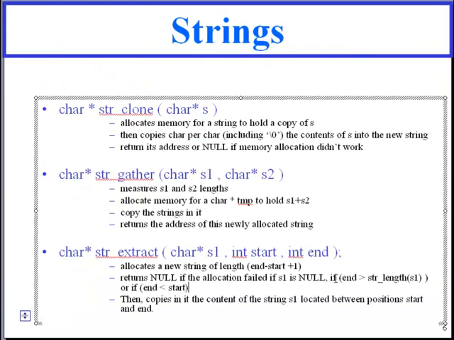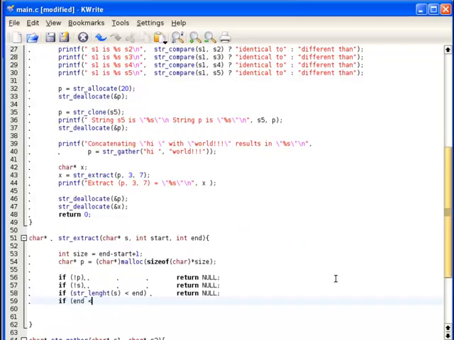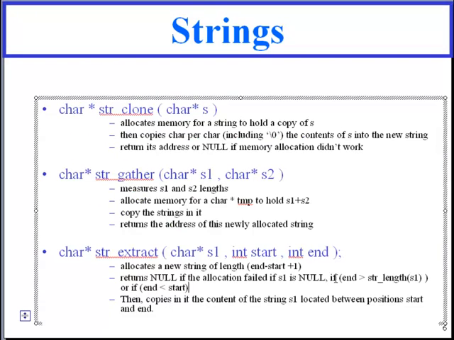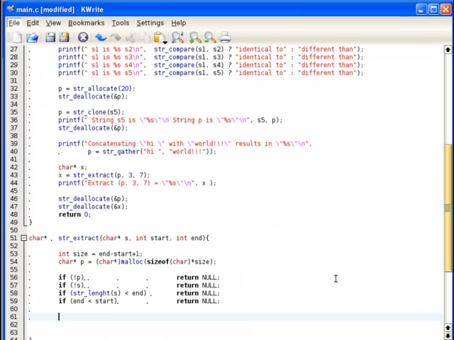I'm going back to the slide real quick. If end is lesser than start, then return null as well. So we got rid of the memory allocation. We made sure we were not in a situation where we needed to return null. Then what we have left to do is to make a copy of everything that is in the string s between index start and end into that newly allocated string. So here's a way to do it. For i equal start, i lesser or equal to end, assuming that the end index is inclusive, but you would have to document that somewhere.